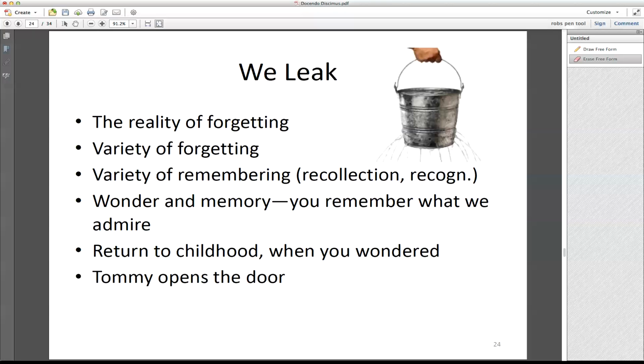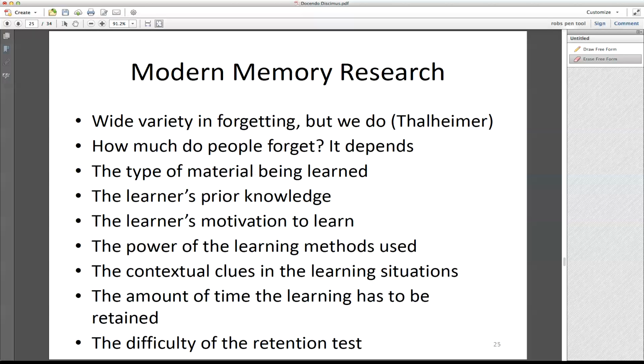So returning back to our childhood, when we tended to engage in wonder, is a helpful thing, but we do leak. The research does show that there's a wide variety in forgetting, but we do forget. How much do people forget? Well, it depends.